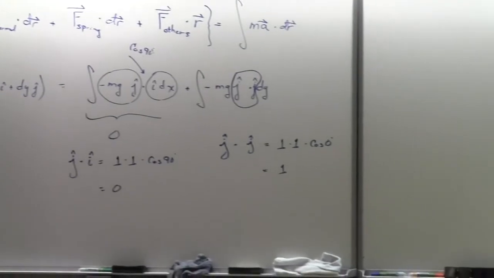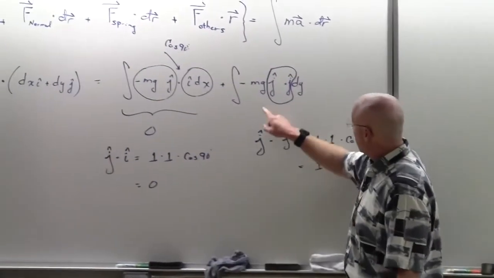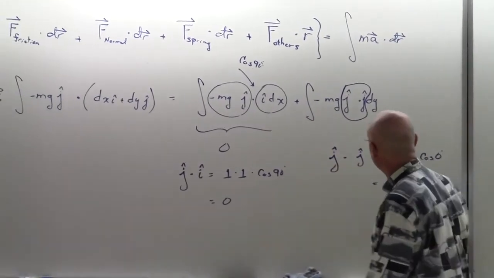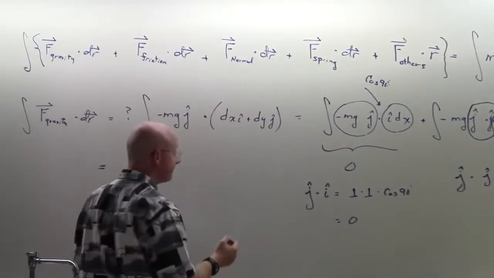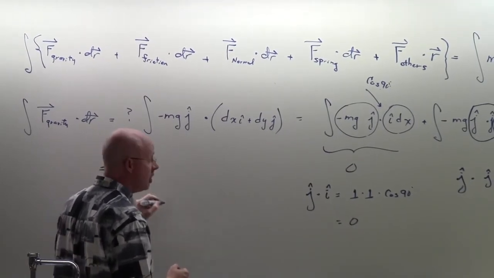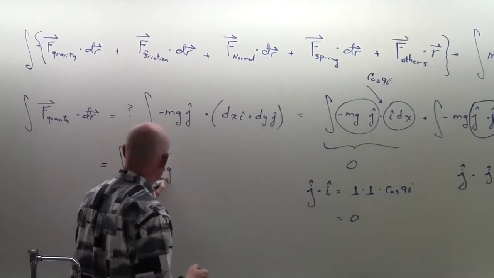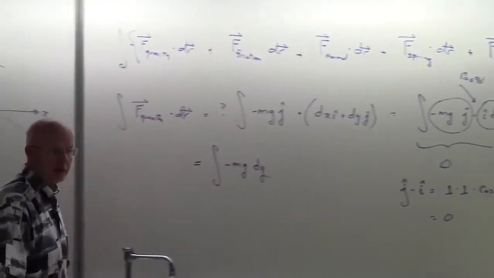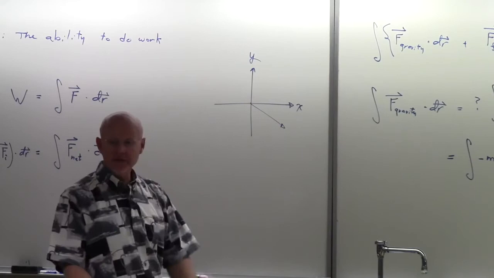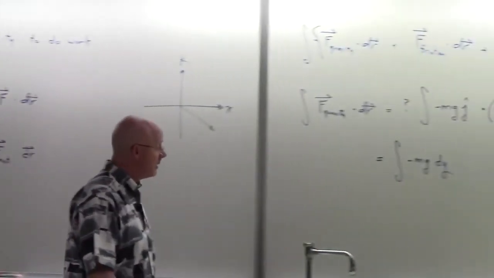And so here I get a number, and here I don't get a number. So it looks like what I have so far is a negative mg dy. There's my first integral for today, and it's a very easy integral, right?